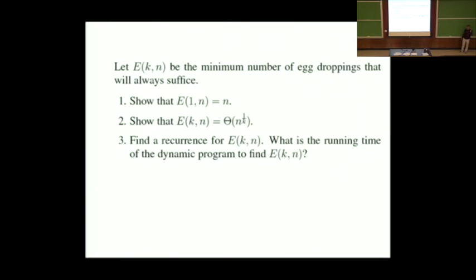What is the complexity of this? We're going to spend at most square root n tosses to find the right one of these levels, right? And then once we've done it, our sequential search, the difference between k square root of n and (k+1) square root of n is square root of n, right?